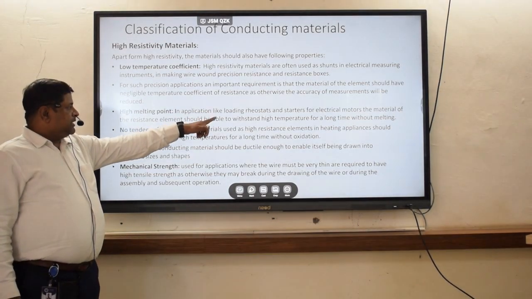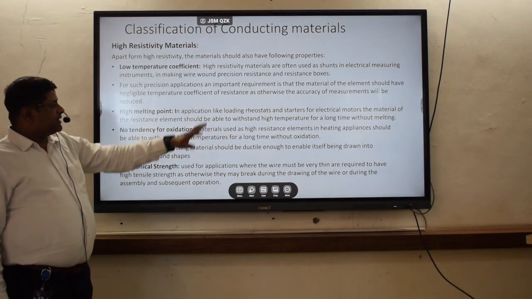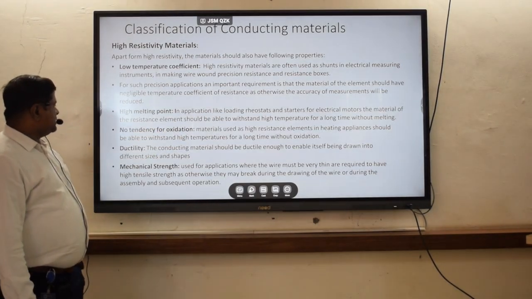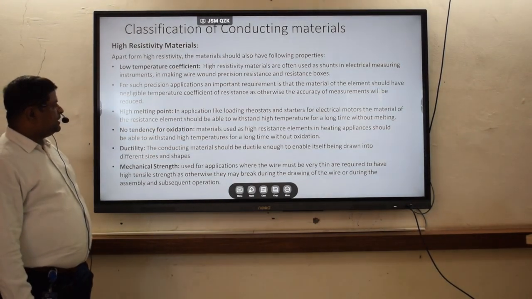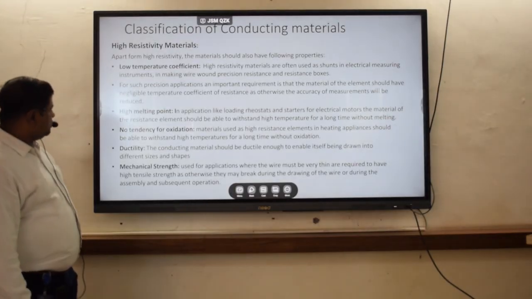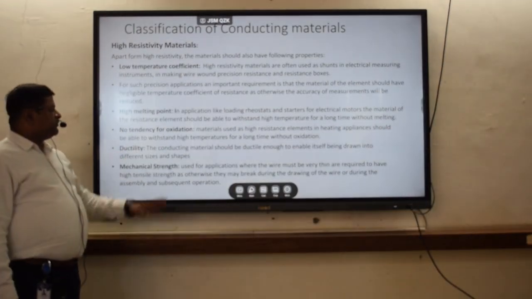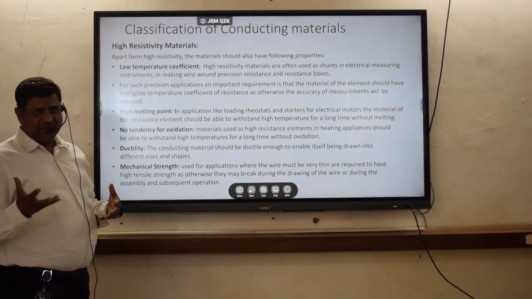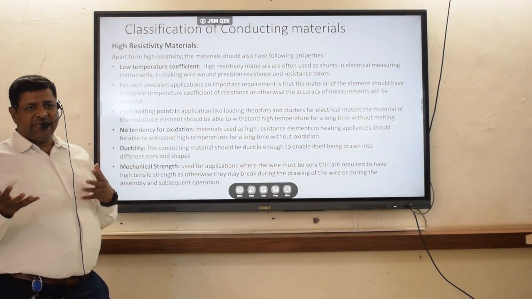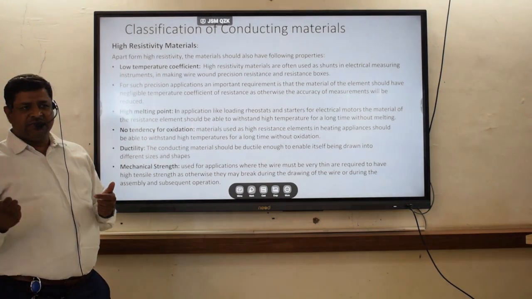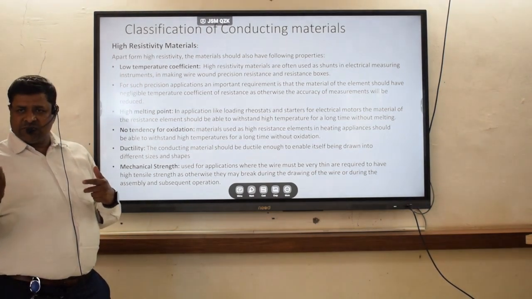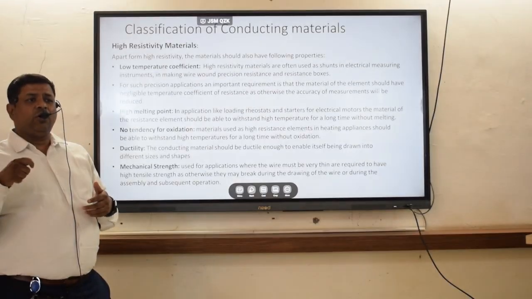In applications like loading rheostats or starters for electrical motors, the material of the resistance element should be able to withstand high temperature for a long time without melting. There should be no tendency for oxidation. Due to the high resistance to the flow of current, heat is generated, and if the material is open to the atmosphere, it should not get oxidized.